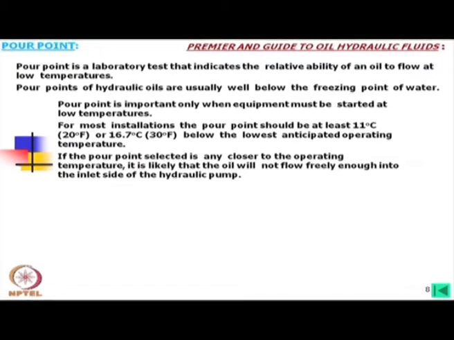If the pour point selected is any closer to the operating temperature, it is likely that the oil will not flow freely enough into the inlet side of the hydraulic pump.